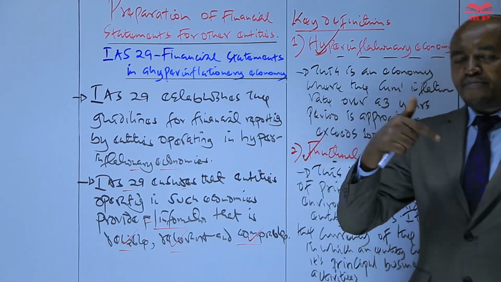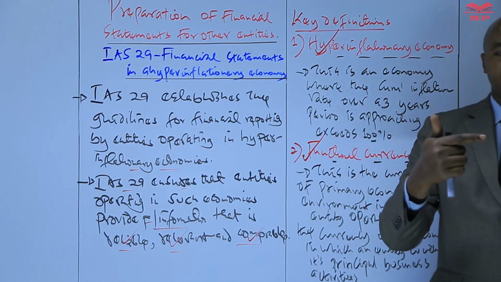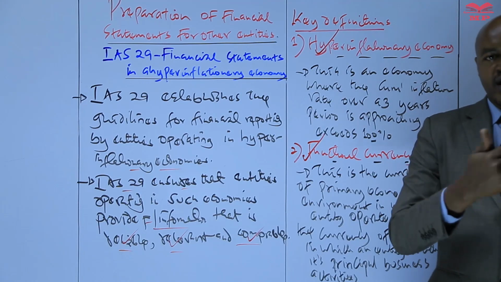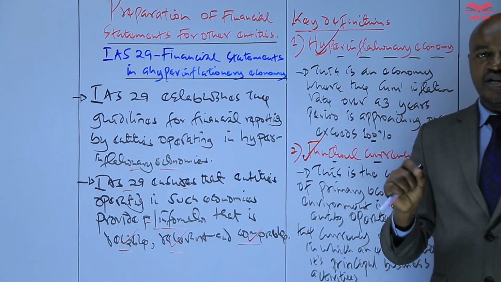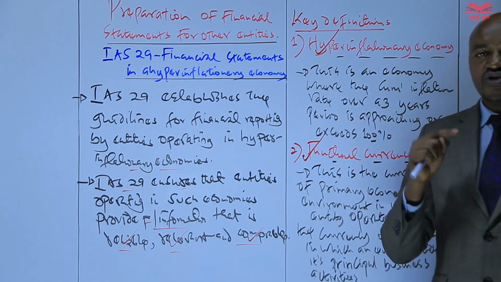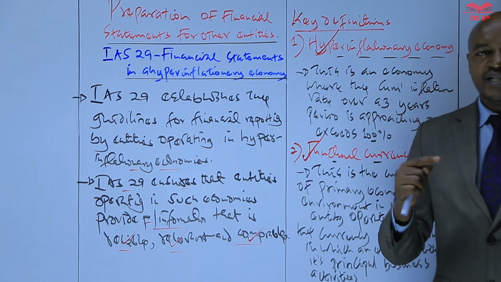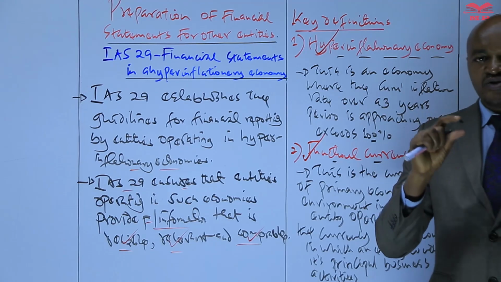If, for example, a company had acquired an asset maybe 2 years ago, and the cost of that asset was 2 million, due to high inflation rate, automatically the cost of that particular asset cannot be 2 million.